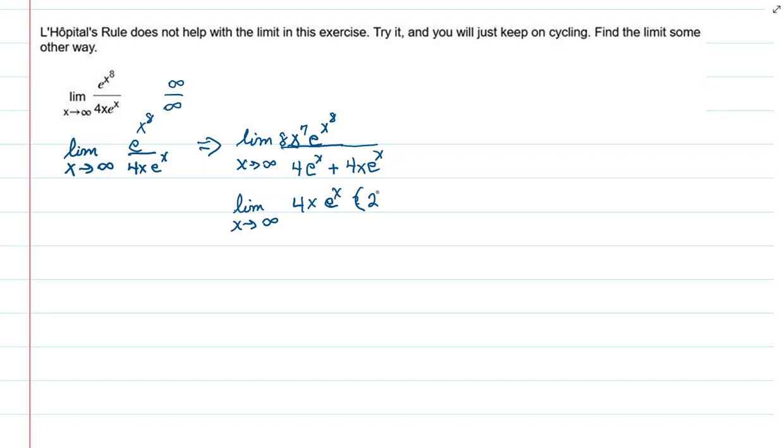That will give me 2 x to the 6, x to the 7. On the bottom, I'm going to have the 4 e to the x. That'll give me a 1 plus, because that's what I factored out.